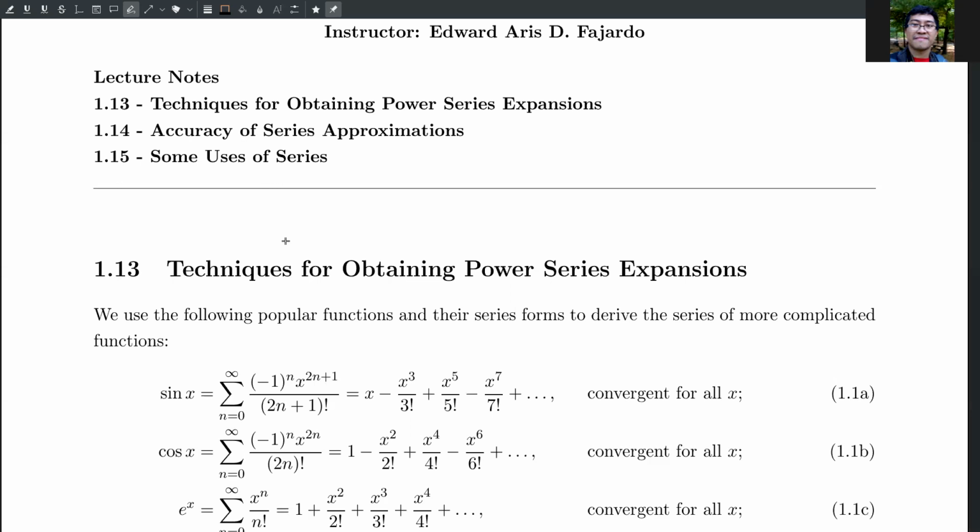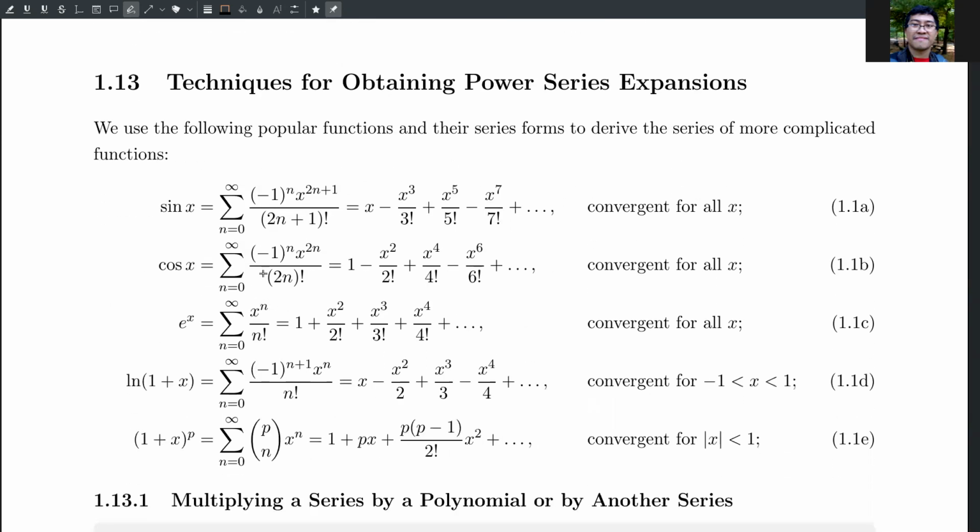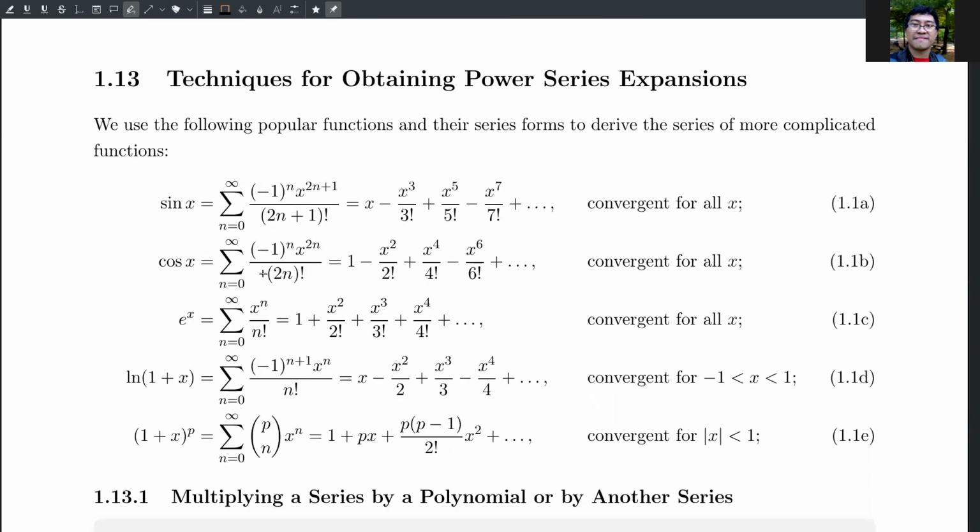We will also be making use of popular functions whose series can be easily obtained and that you can also memorize. For example, sine x is just x minus x cubed over 3 factorial plus x^5 over 5 factorial and so on. It converges for all x.